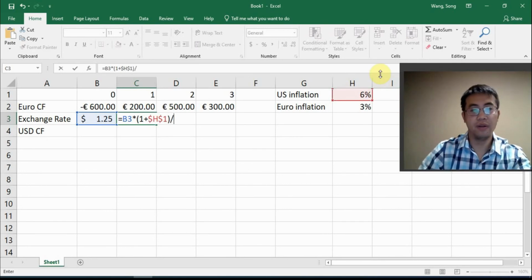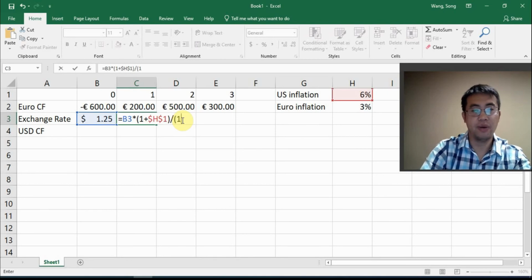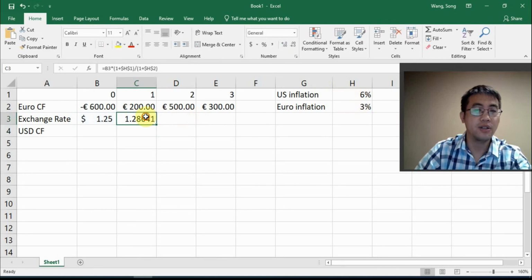The exchange rate is dollars per euro, and the euro is multiplied by the euro inflation. Since this is per euro, I have 1 here. The 1 can be skipped, so I just use 1 plus the euro inflation here. Lock it. Alright, so this is the euro exchange rate in the next year, or in year 1.